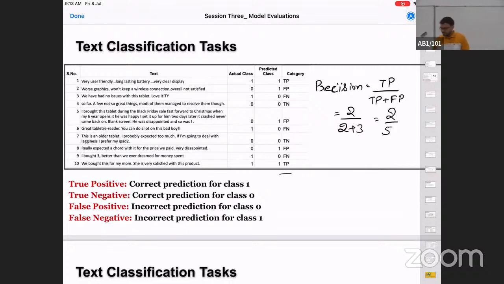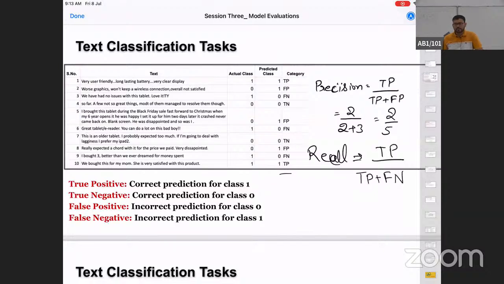What about recall? This example is a very simple example, right? I will tell you what is a difficult example. For practice, let us calculate the recall also. What is the formula for the recall? So you are saying true positive in the numerator and in the denominator true positive plus false negative.